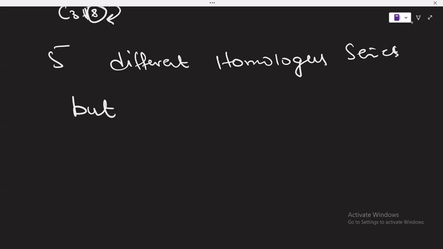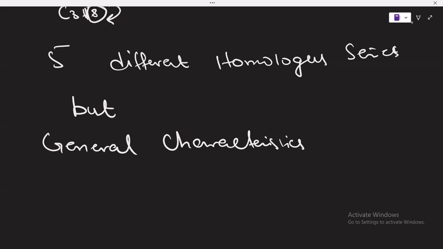but what you also need to know is that this is part of one main structure. What that means is that in each homologous series, the general characteristics are going to remain the same. So for example, if I write here the general characteristics, you will understand what I'm talking about. Okay, so what are the general characteristics?